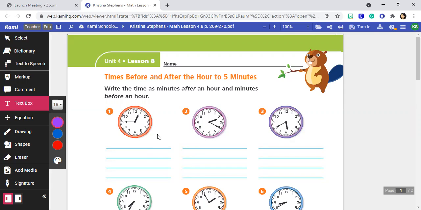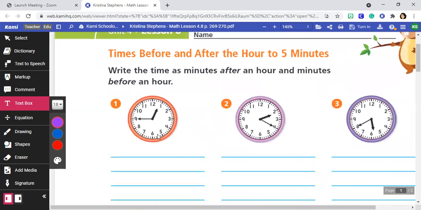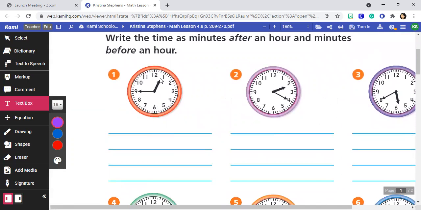Let's take a look at number 1. Remember that the shorter hand is the hour hand and the longer hand is the minute hand. And each time you hop around, it's a group of 5.